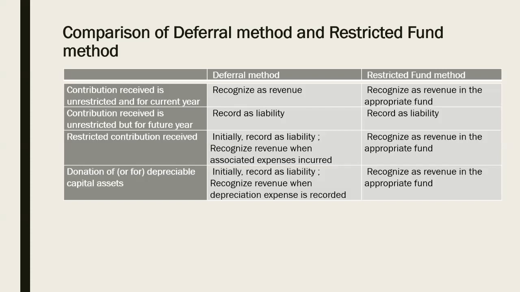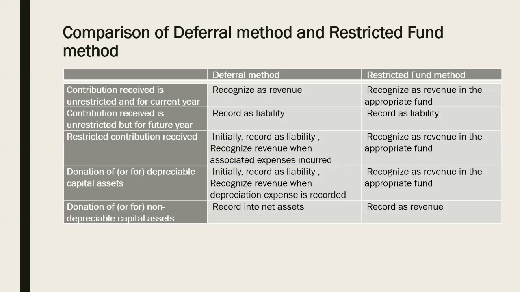For a donation of or for depreciable capital assets, under the deferral method, it'll initially be recorded as a liability and later on recognized in revenue on the same basis as depreciation expense. Under the restricted fund method, no need to wait, recognize it as revenue in the appropriate fund.